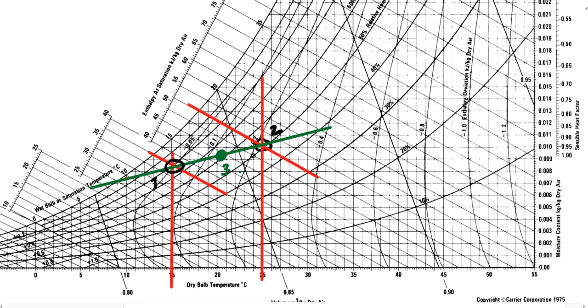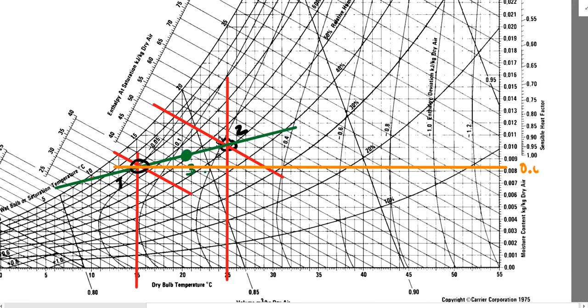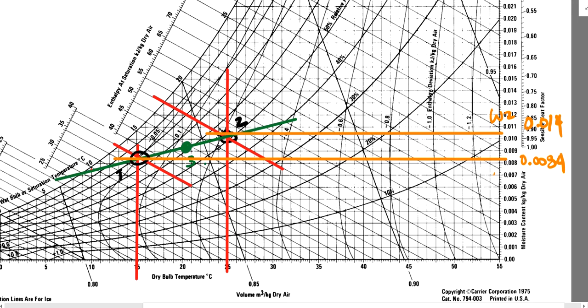Next, let's obtain the values. This is approximately 0.0084, and this one is around maybe 0.014. This is W2 and this is W1.